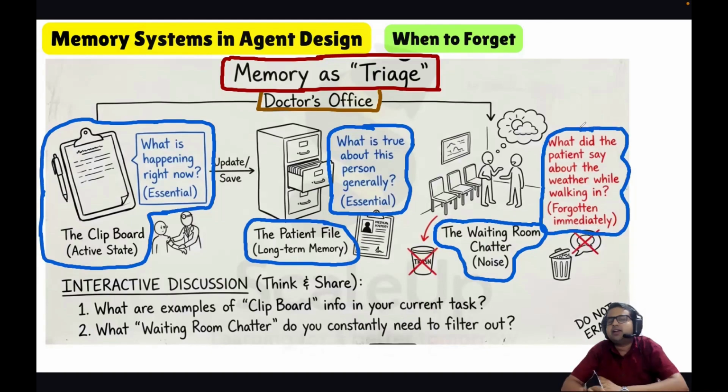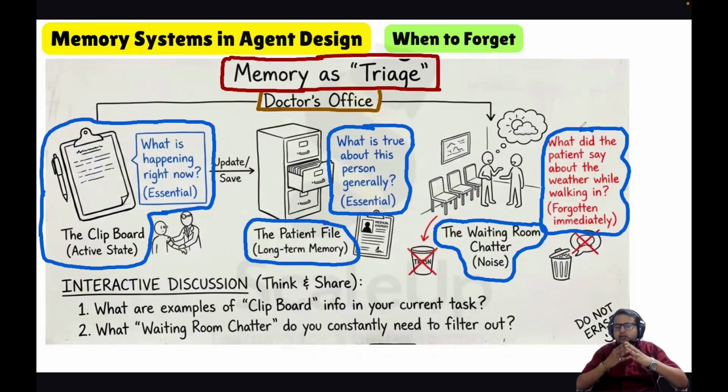So now it's very clear that when an agentic AI system is in action, solving some problem or doing some kind of orchestration, the active state we have to store in the context window. What is happening right now is very important.